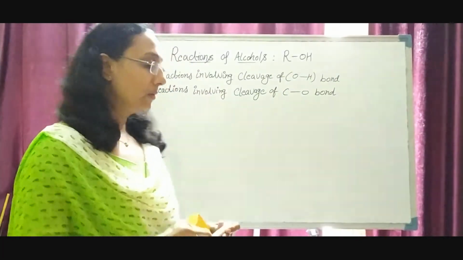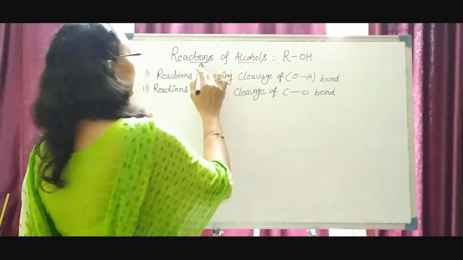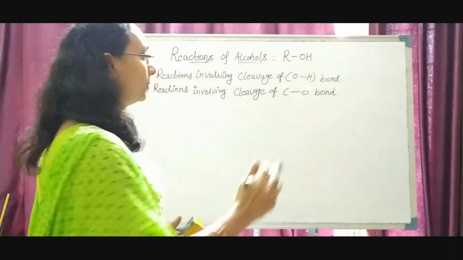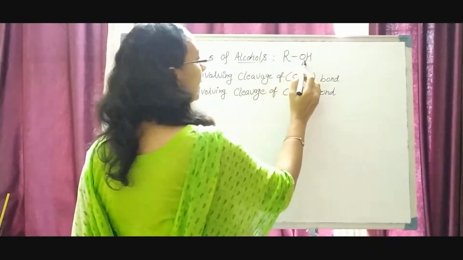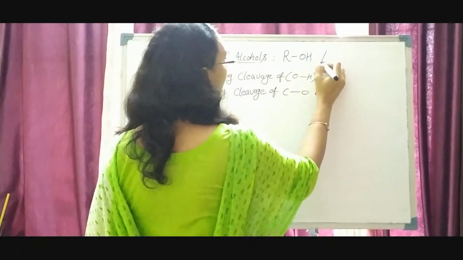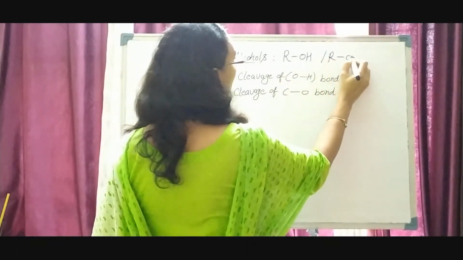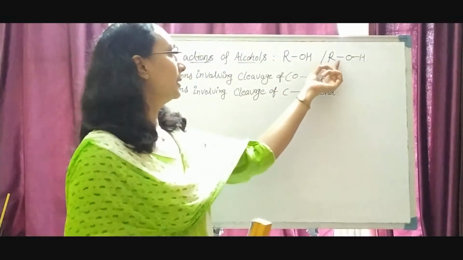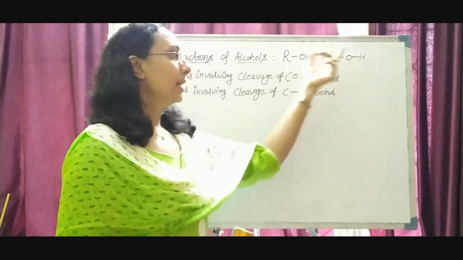Okay, now we will see the chemical reactions of alcohols. We know that we can write alcohol as ROH. This is the alkyl group and this is the hydroxyl group.